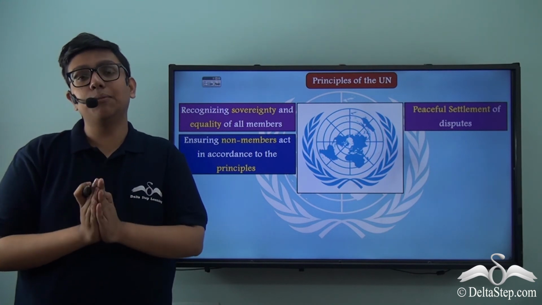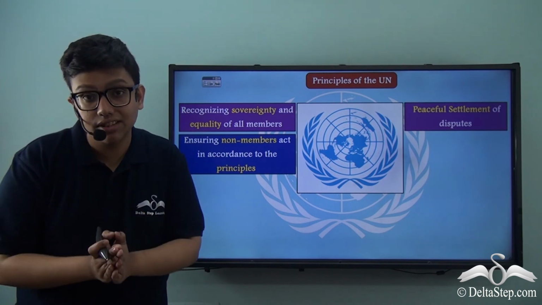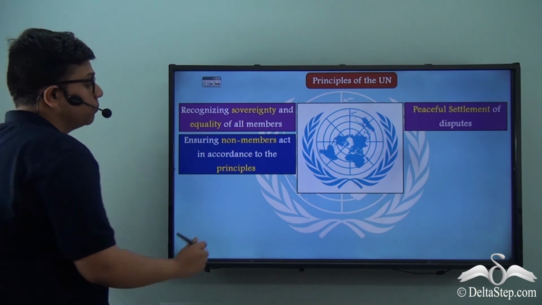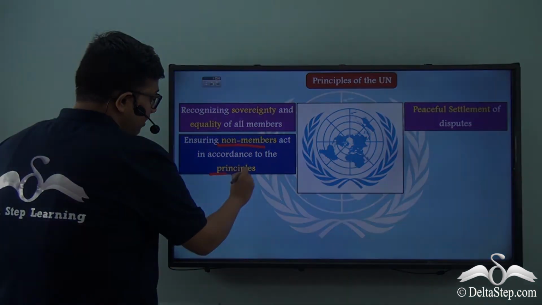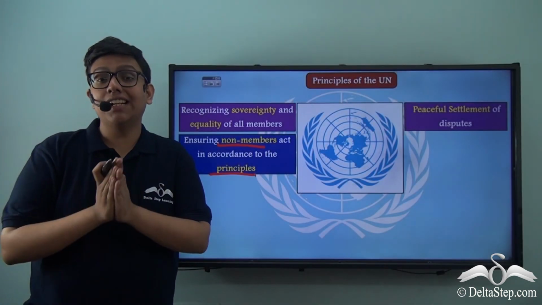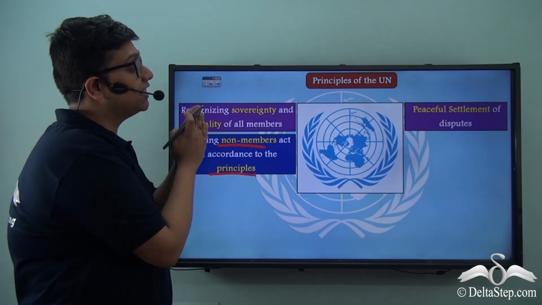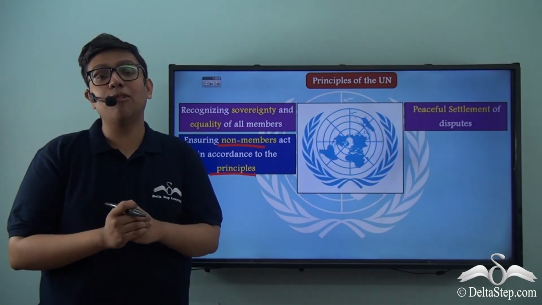Therefore, there was a principle that even if all nations do not become a part of the United Nations, the UN itself has to ensure that such non-members should act in accordance with the principles. They do not need to join the United Nations, but they should not do anything which is in violation of these basic principles, as these principles form a basis of global order among all nations.